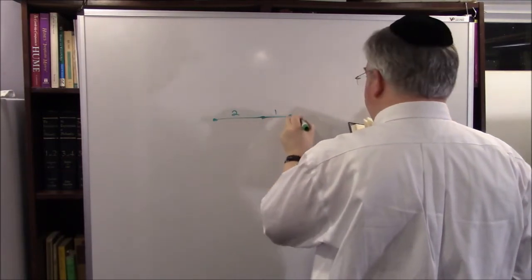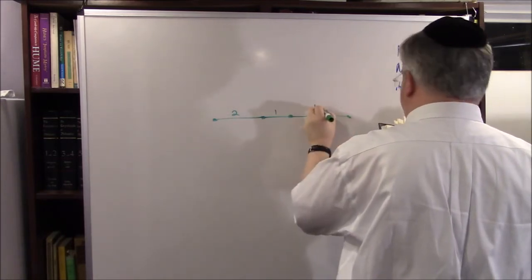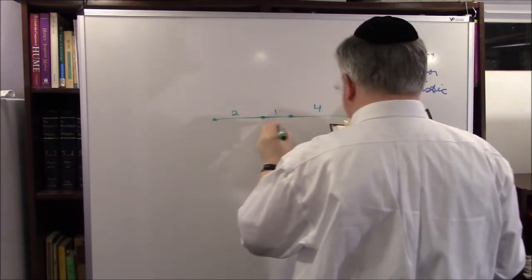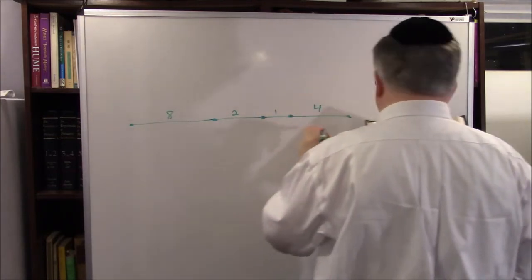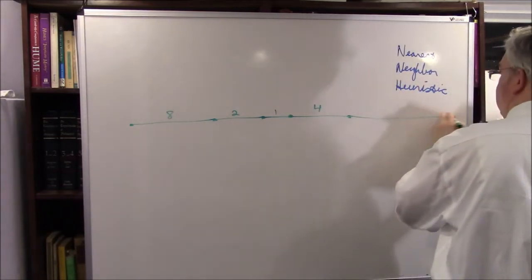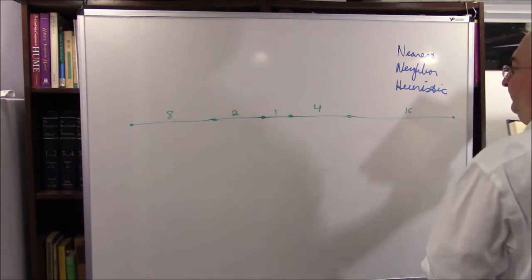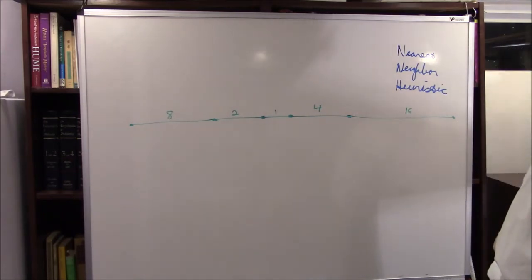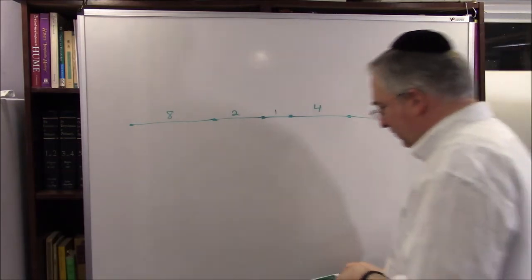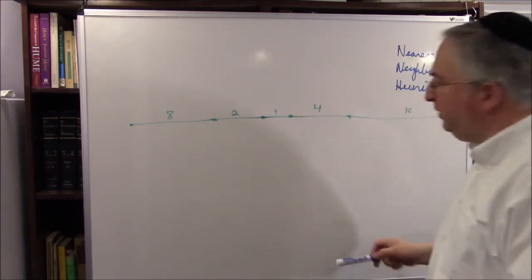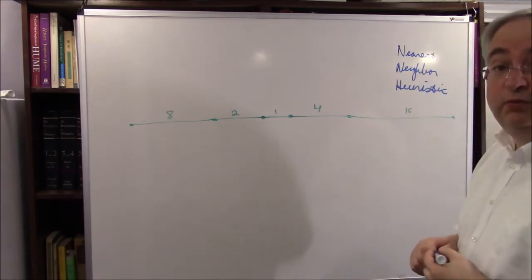The distance from here to here is 4. The distance from here to here is 8. And the distance from here to here is 16. Okay, let's see where the nearest neighbor will take us.